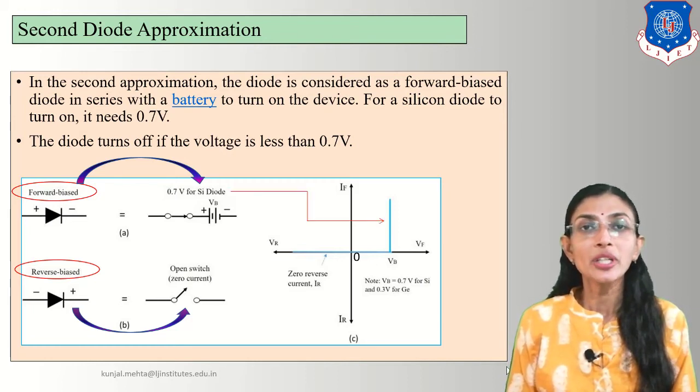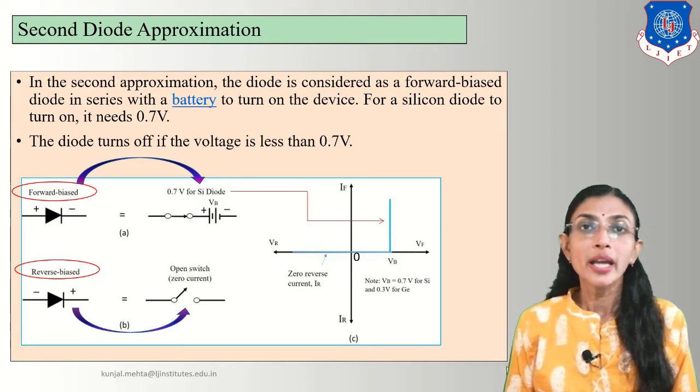And in reverse bias, the situation will remain the same. That means no current flows during reverse bias, because the diode acts as an open switch, highest resistance, maximum resistance, and due to the open switch, current equals 0.